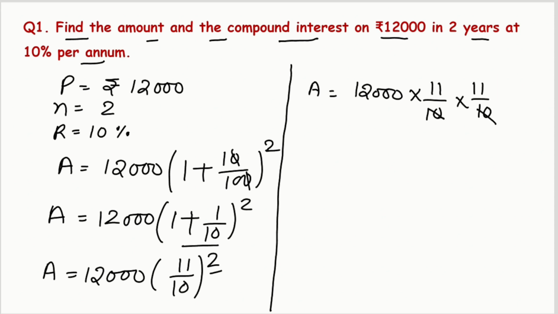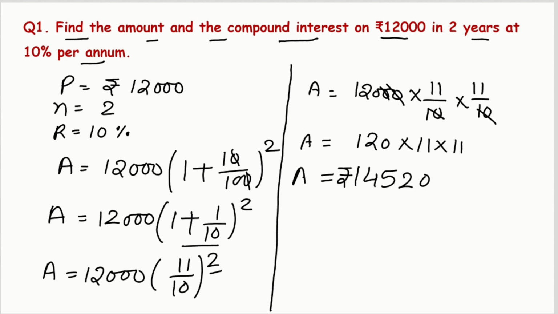Now these 0s will be cancelled with these two 0s. So here we have A equals 120 times 11 times 11. After multiplying this, we will get 14,520. This is the total amount which one has to pay after 2 years.